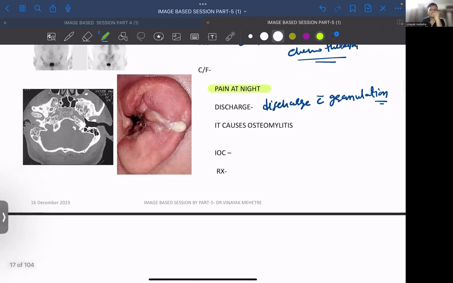इन्वेस्टिगेशन ऑफ चॉइस क्या है इसकी? यही तो कयामत है. Though you will get the image of CT scan, but remember, the investigation of choice is technetium 99 bone scan.